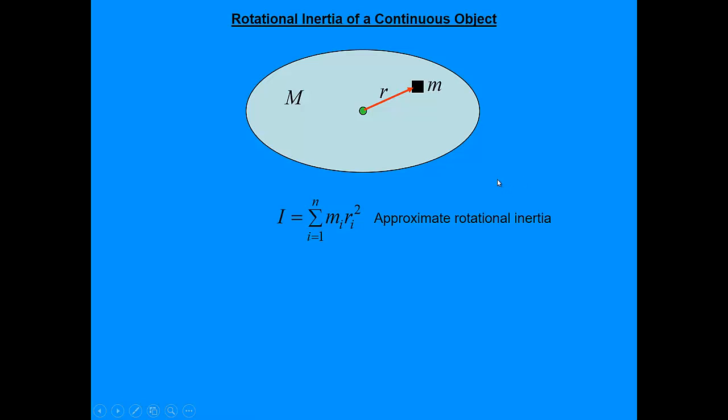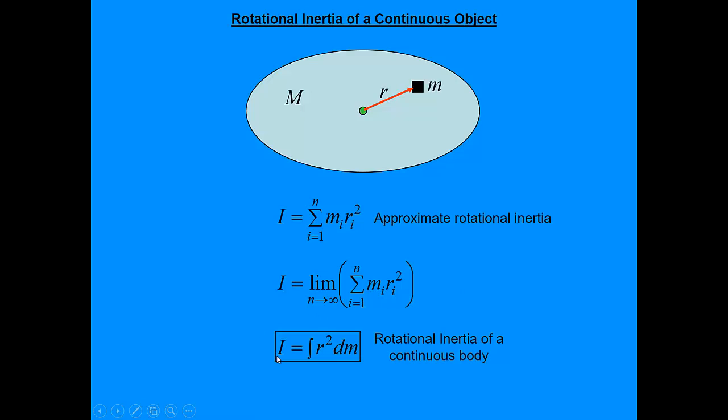Well, in math, doing something like that is taking the limit. So we could take the limit as the number of pieces approaches infinity of the sum from i equals 1 to n of all of the m_i r_i squareds. We are taking the limit of a summation, and when we've done that in the past, we know that is the definition of an integral.